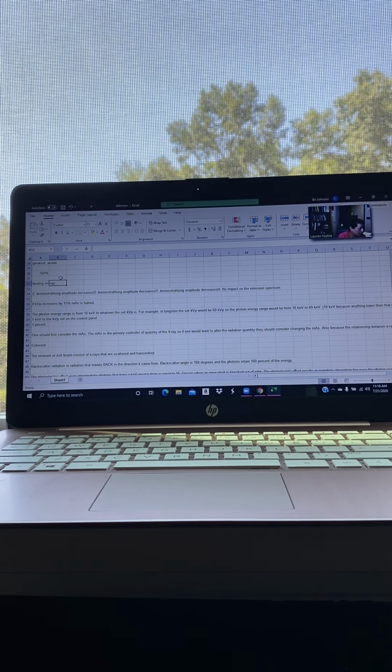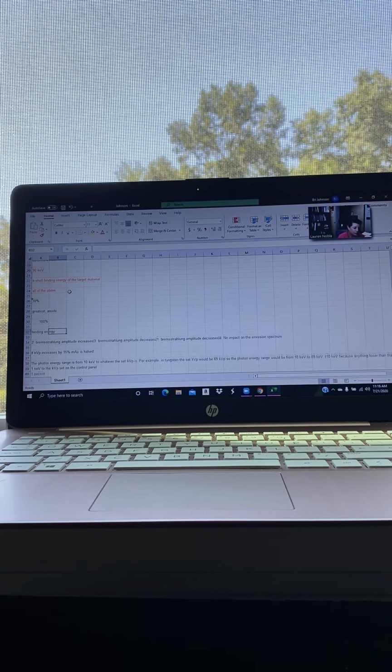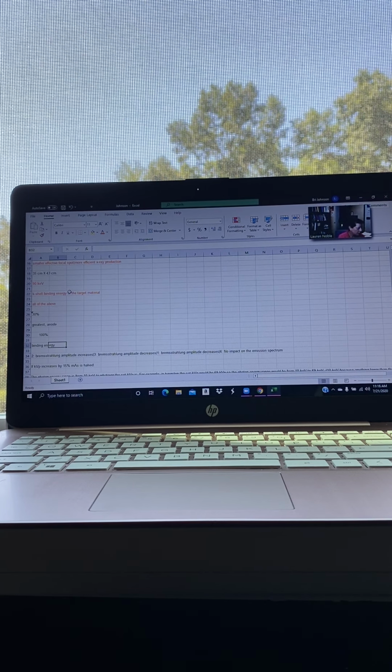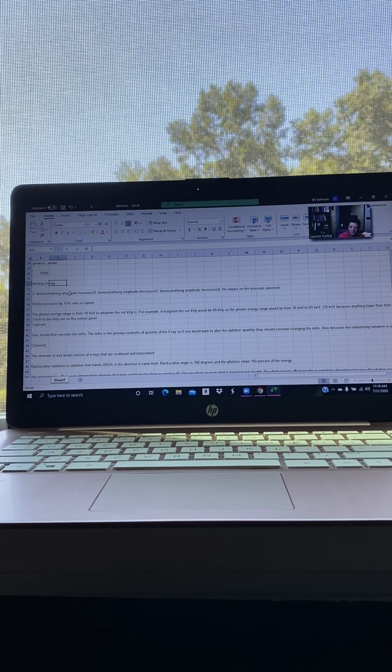And then, next multiple choice question, the energy of characteristic photons. What determines the energy of characteristic photons? Is it electron breaking? Is it kVp? Is it binding energy or electric field interaction? It's the binding energy. The key word there is characteristic photons.